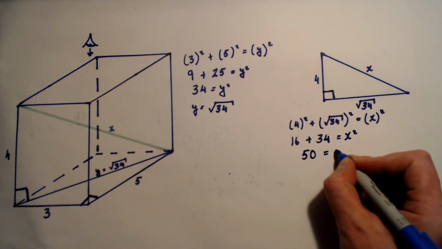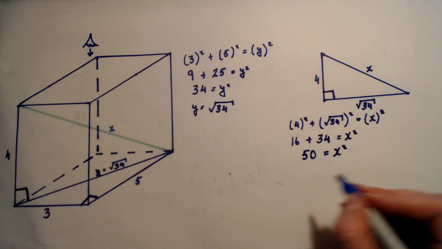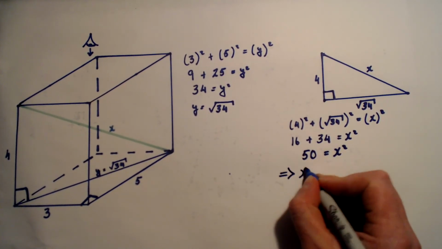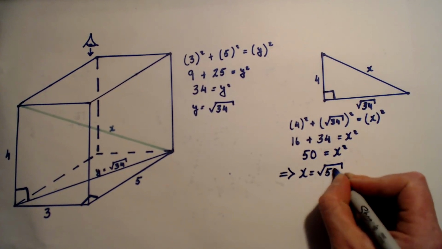And so I have that 50 is equal to x squared. It follows that x is the square root of 50.